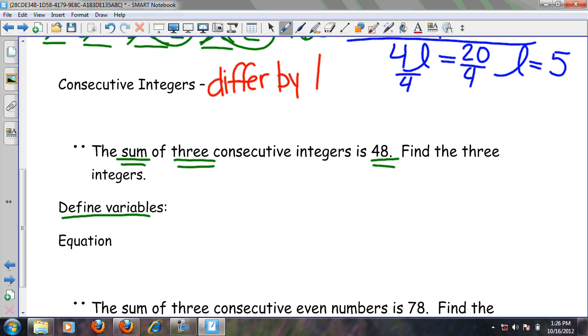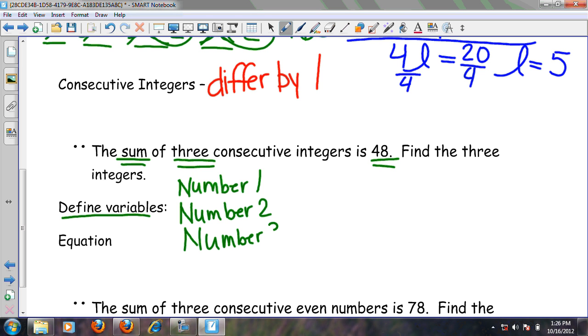So I need something for number 1, something for number 2, my second consecutive number, and something for number 3. Number 1, do we have any idea what the number is? You're right, Jack, we don't. So we're going to call it n for number.